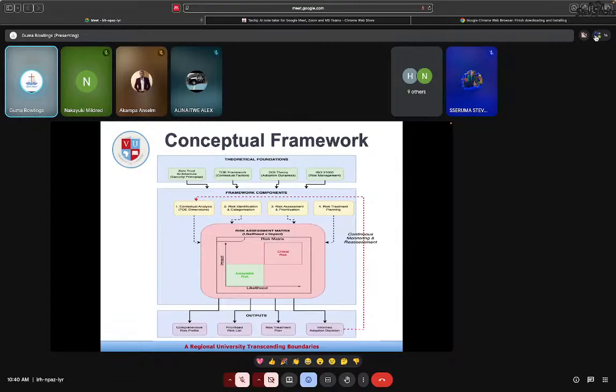They can only access what they were supposed to access. Anything else is out of reach. So then the other framework is the TOE framework. It's the one that will help us look at the contextual factors: technological, organizational, and environmental. Then the DOI theory, this is the diffusion of innovation theory.